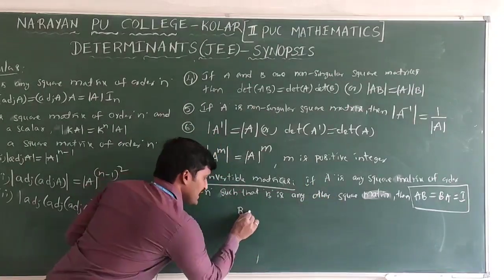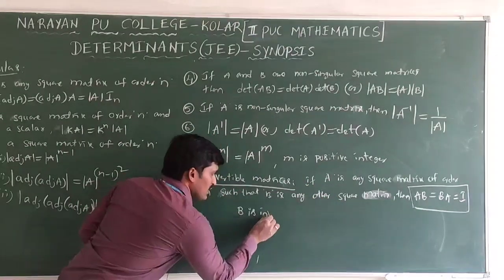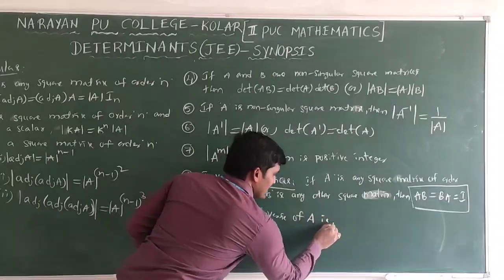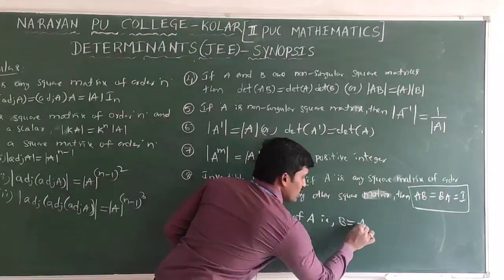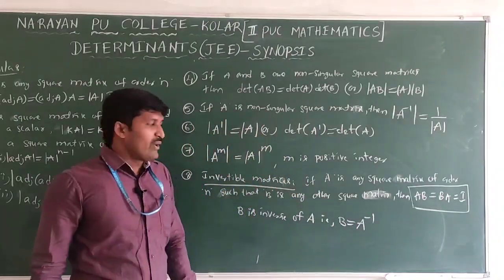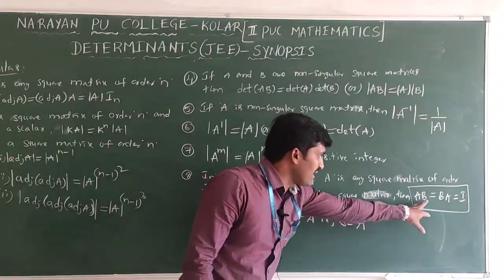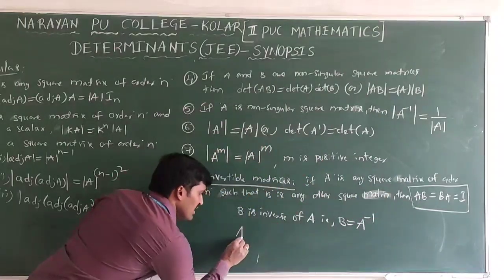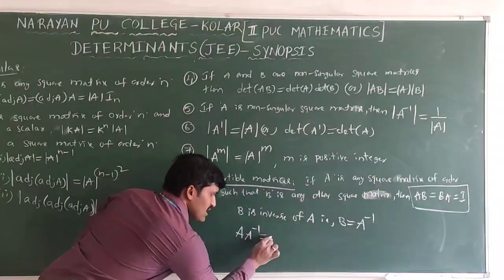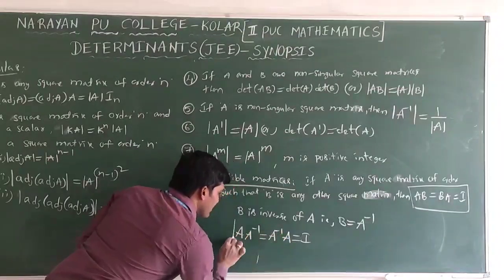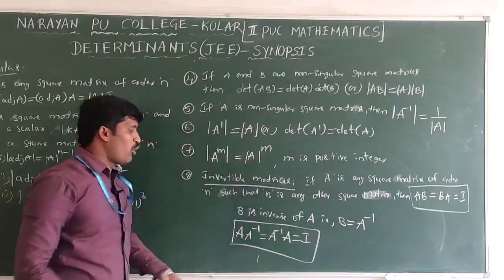Now B is the inverse of A, that is B equal to A inverse. When you write B equal to A inverse, if you replace B with A inverse, what equation will we get? A into A inverse or A inverse into A equal to identity matrix. From this, what will you learn?